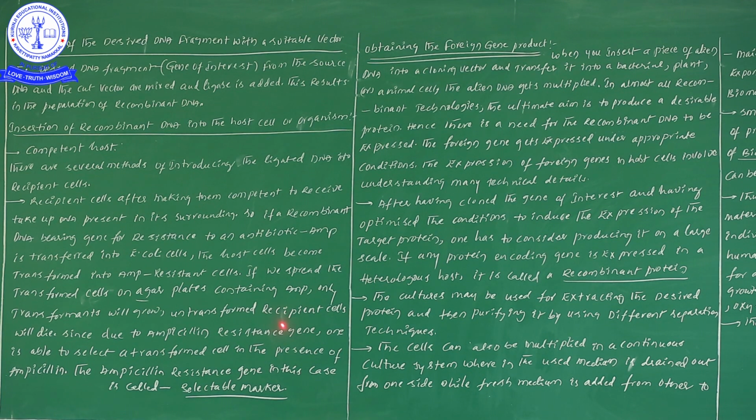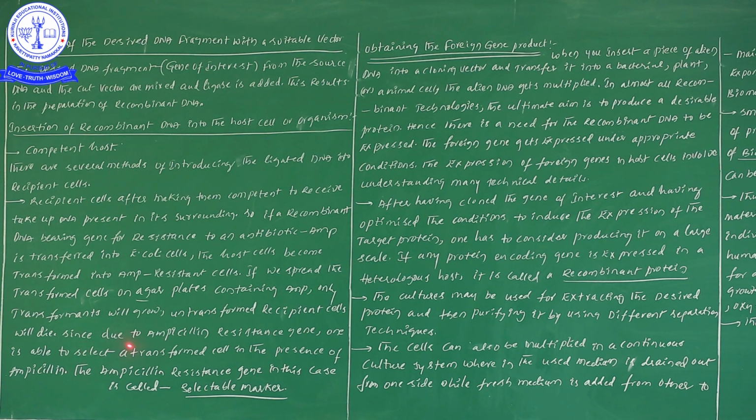Untransformed means the host will be there, but our desirable gene will not be there. If the desirable gene is there, that host obtains resistance against ampicillin, but untransformed recipients will die because of the absence of recombinant DNA. So try to understand clearly.